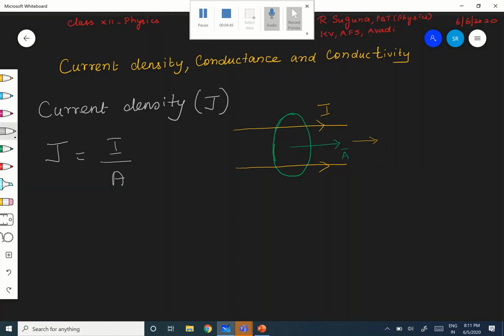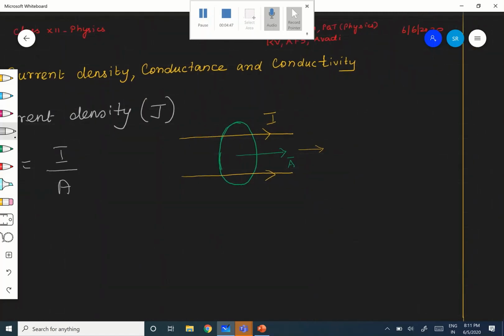But there are cases where the area is not exactly normal. For example, now I am slightly tilting the area. Let me have this one as the dotted line so that it will be easy for you.